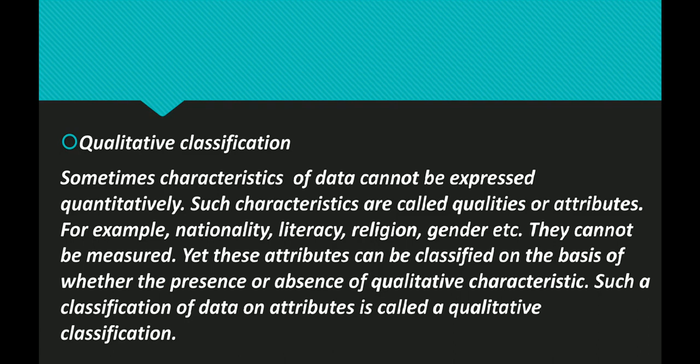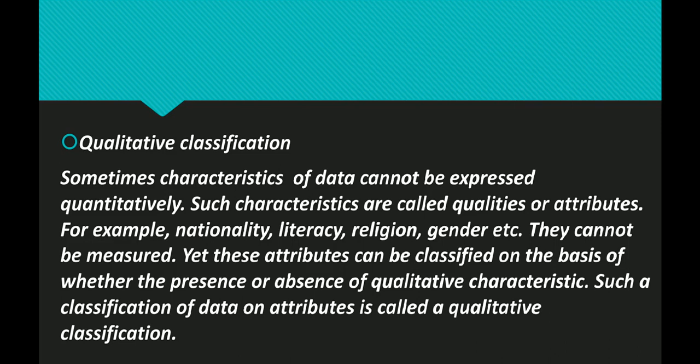Qualitative classification. Sometimes characteristics of data cannot be expressed quantitatively. Such characteristics are called qualities or attributes, for example, nationality, literacy, religion, gender, etc. They cannot be measured, yet these attributes can be classified on the basis of the presence or absence of qualitative characteristics.